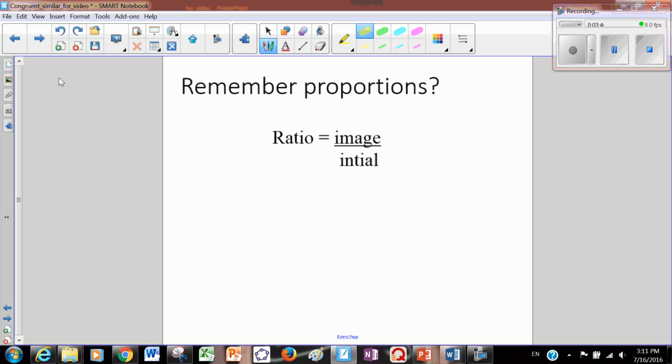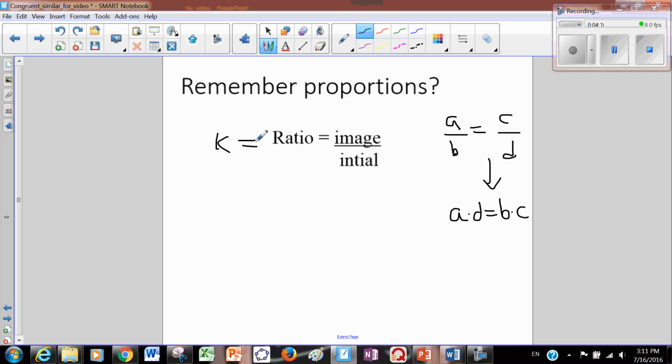If you remember when we did proportion, we did A over B is equal to C over D. Do you remember what we could do with that? We said we can do A times D is equal to B times C, right? So if we have the ratio, we're going to call it K, I think, in the book. The ratio is the image over the initial.